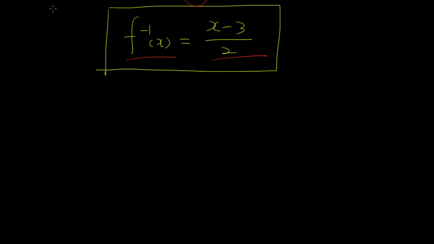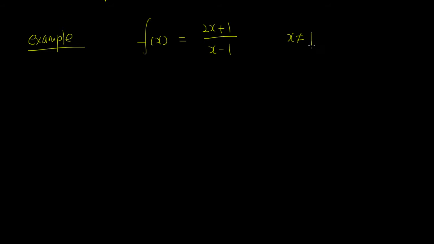Now let's check out the next example. Let f of x equal x plus 1 over x minus 1, and of course x cannot be equal to 1. This is a one-to-one function.